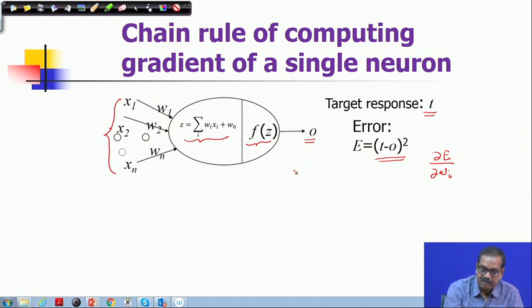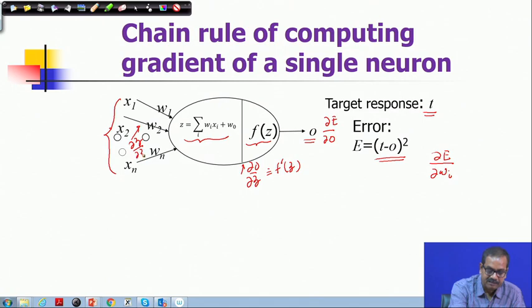Now, by applying the chain rule, we can compute delta E by delta O, and then delta O by delta z. Delta O is nothing but f of z, so delta O by delta z means f dash z. Then at any weight Wi, we compute delta z by delta Wi. As you see, this is a weighted combination, Wi xi, so it will give you xi.